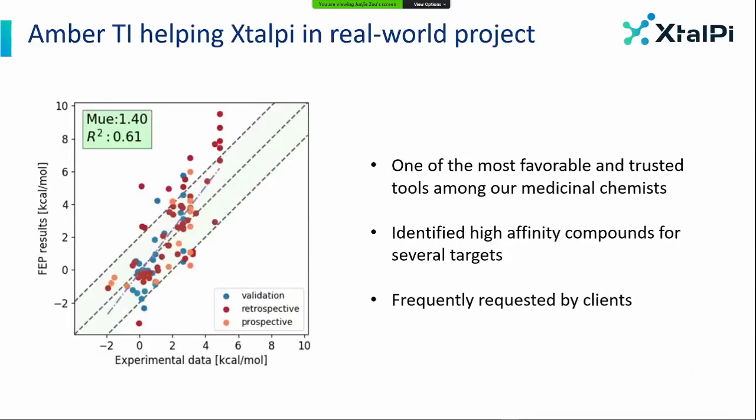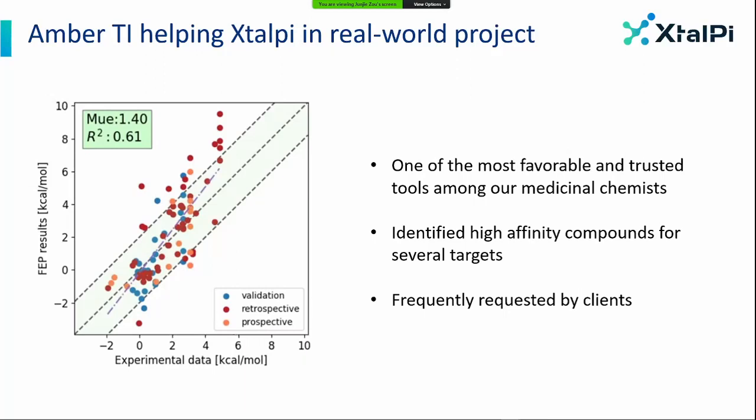XtalPi has actually been using MBTI for a long time in almost every project. This MBTI is helping us a lot, and is one of the most favorable and trusted tools among our medicinal chemists. For those systems that are validated using retrospective calculations, finding compounds with high binding affinity is usually not a problem.